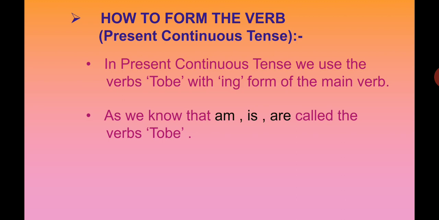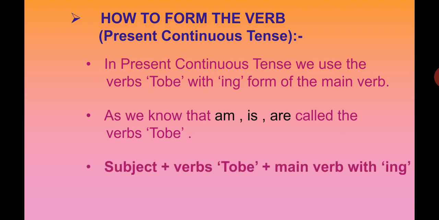So let's see the sentence formation in present continuous tense. First of all, subject, then verb to be. Verbs to be means am, is, are, as per the subject. We add verbs to be as per the subject and then write the main verb with the ing form. Let's see the example. Subject means the name of any person, Arya, right?